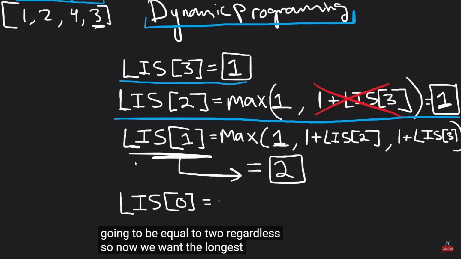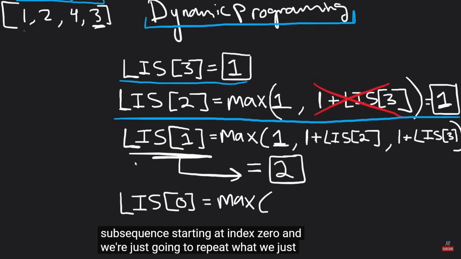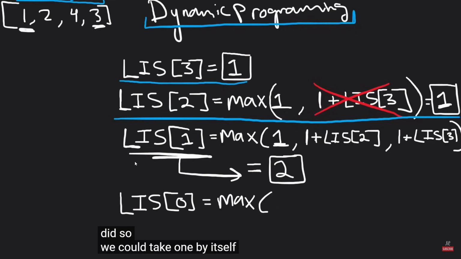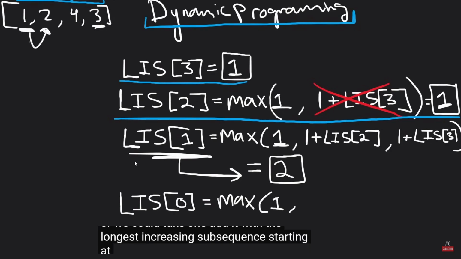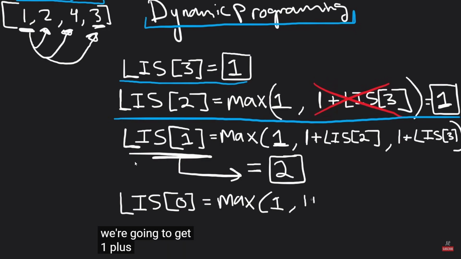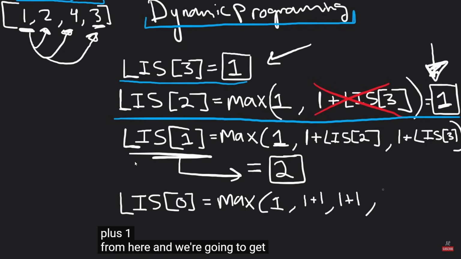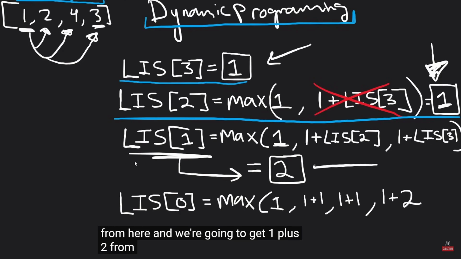Now we want the longest increasing subsequence starting at index 0, and we're just going to repeat what we just did. We could take 1 by itself, which is just 1, or we could take 1 and add it with the longest increasing subsequence starting at 2, or at this index, or this index. So we're going to get 1 plus 1 from here, 1 plus 1 from here, and 1 plus 2 from here.